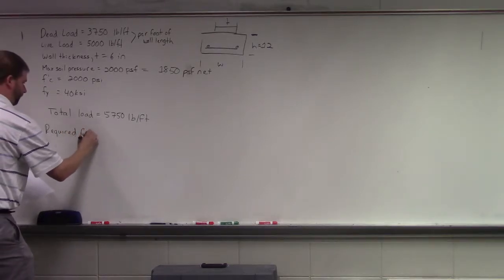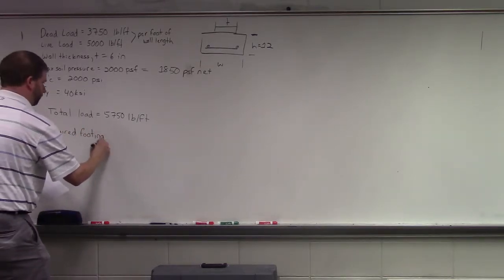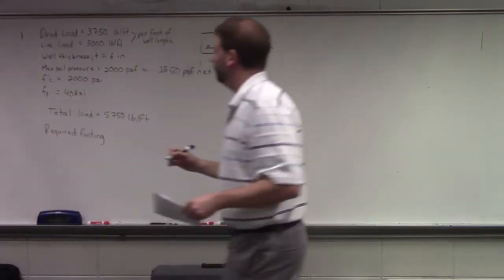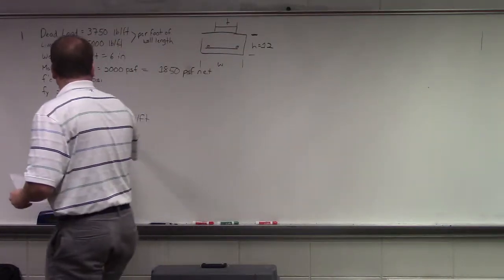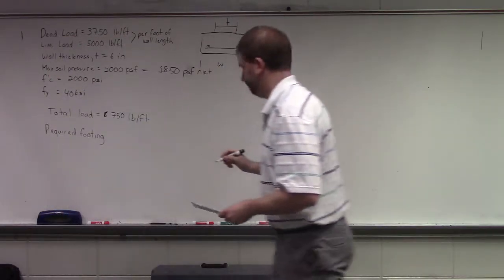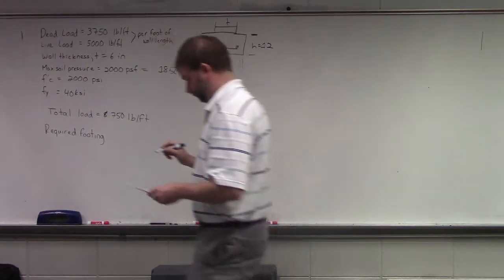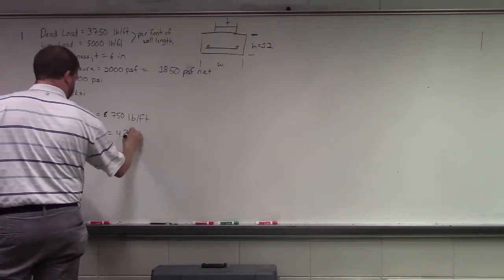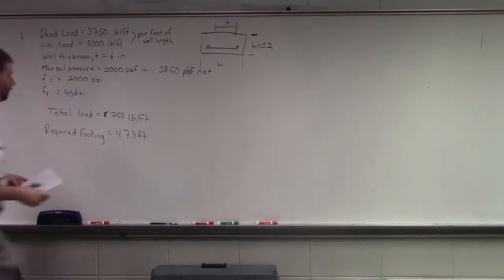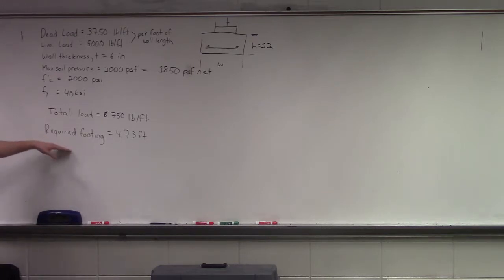That's not what I got. Total load should have been 8,750 dead load and, 8,750, right? Yep. And required footing width, when we calculated that out, it came out to be 4.73 feet, right?